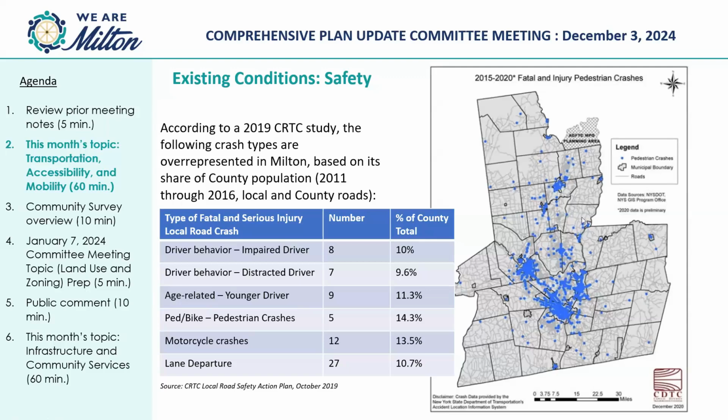It looks like it's mainly on Geyser, and then parts around the village where it's a little more dense. That one stood out to me in terms of the safety condition. I don't know, Chris, or if you guys have anything to add to that.